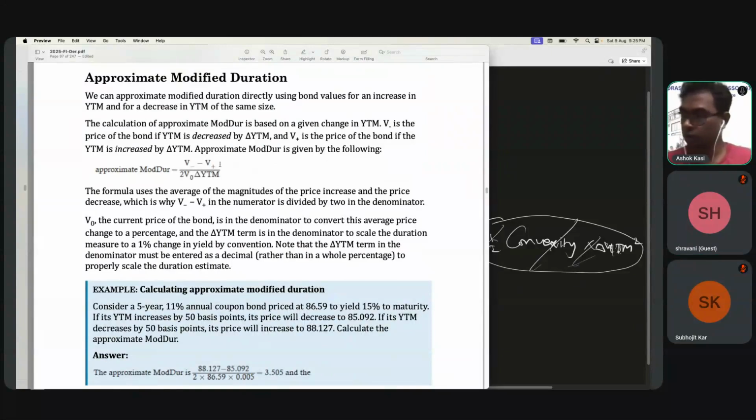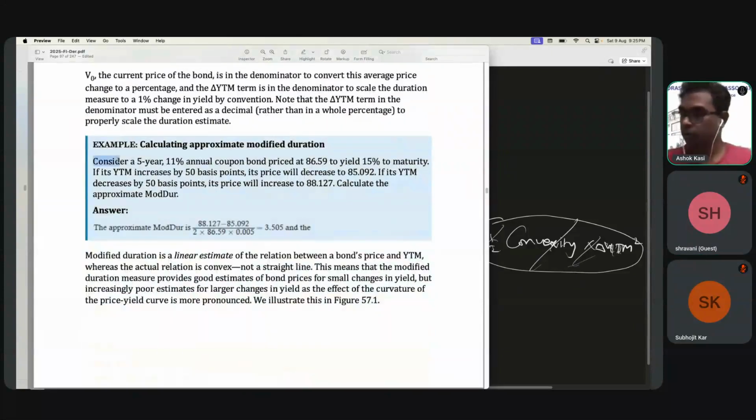This is the formula. So you may just try this one now. All numbers are directly given. If the yield goes down, this is V minus. And if the yield goes up, this is V plus, the value when the price goes up. Okay, and this is V minus.